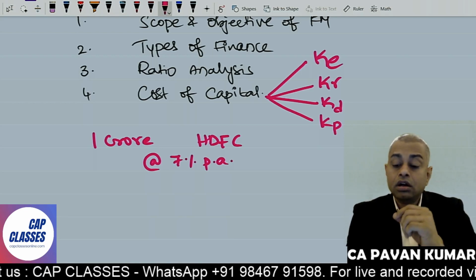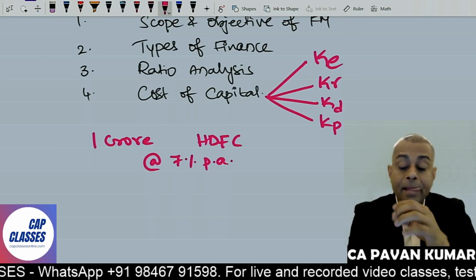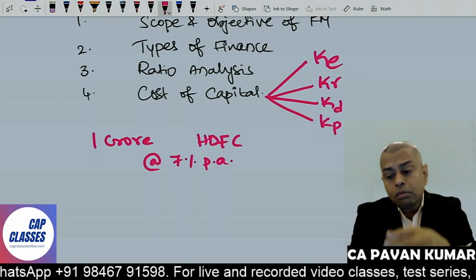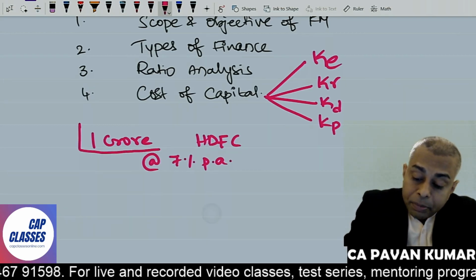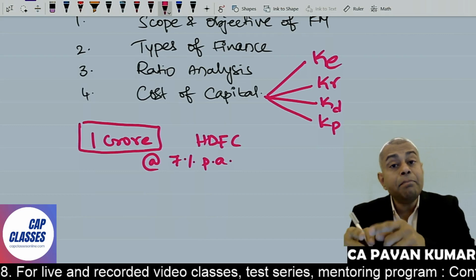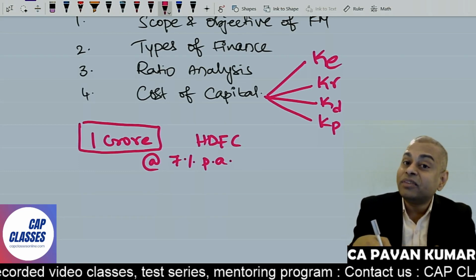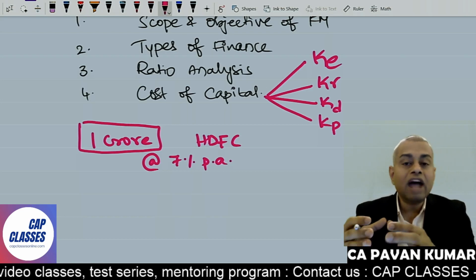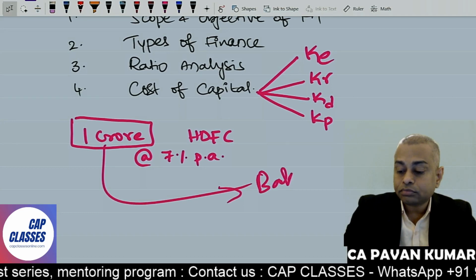But don't you think there is a concept called opportunity cost? By putting your own money in your own business, this 1 crore rupees is losing the ability of generating return on investment from alternative investment sources. So you have started a bakery with this. Say for example, this 1 crore you have put in the bakery.